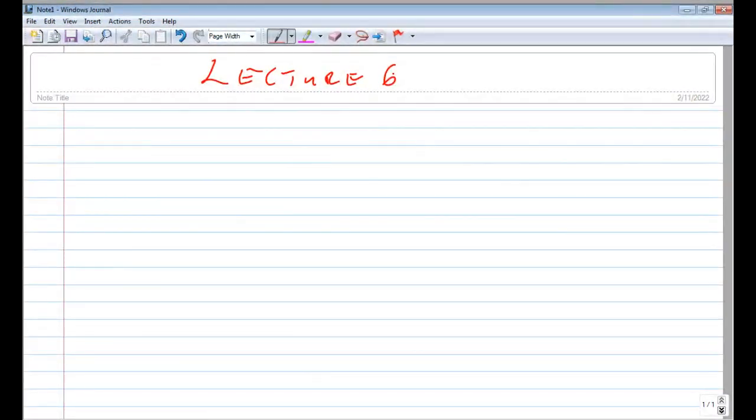For those who have the lecture notes close to them, please open page 25, section 3.4, random walk. The question is, what is a random walk?